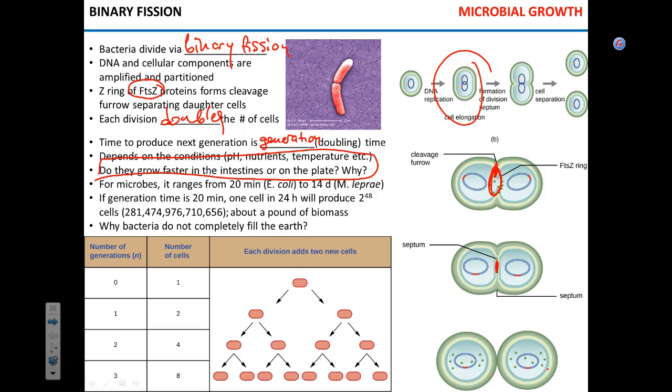I see intestines. Make an argument. Why does it grow faster in intestines? Why do you think so? More nutrients? It's adapted to that environment. Conditions are regulated.